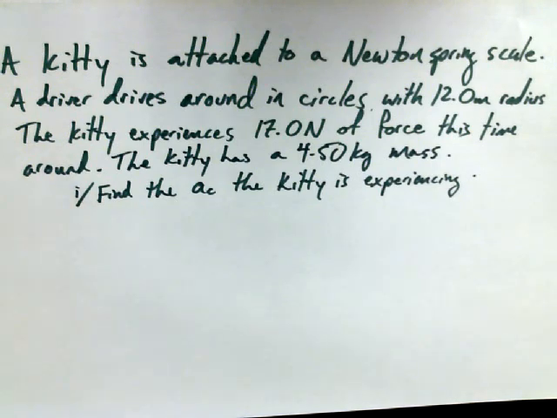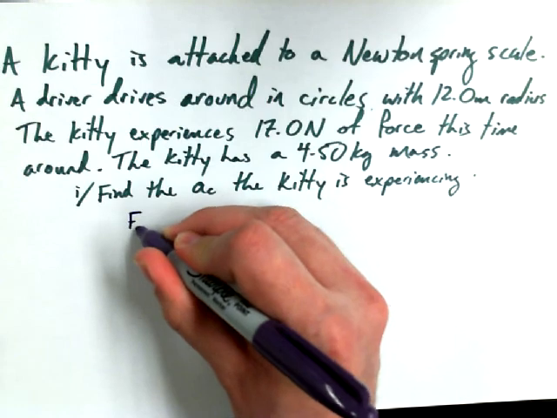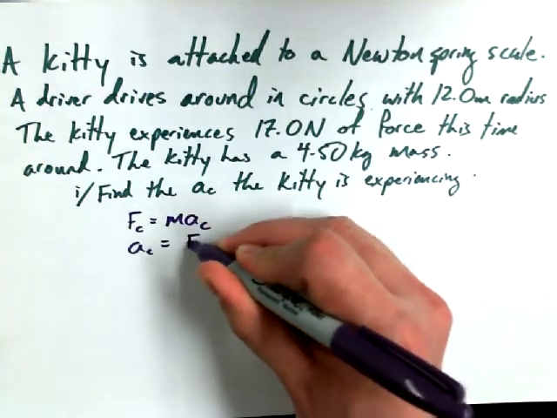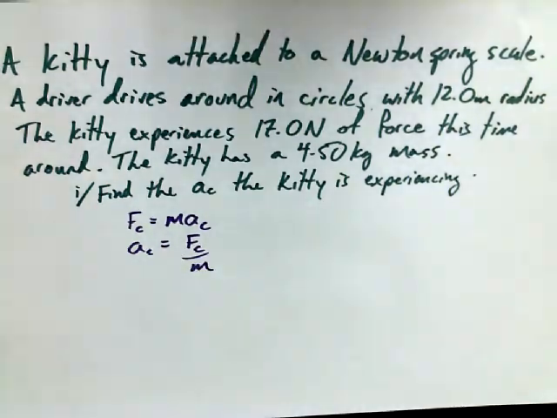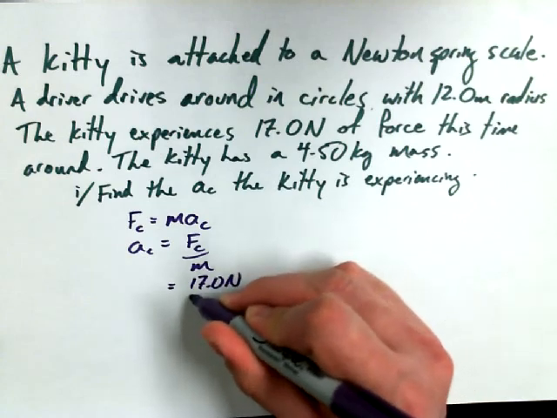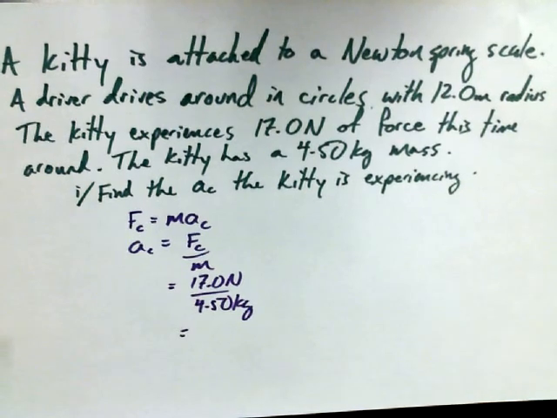I'm going to write out my solution here, and you write out your solution, and then between all of us, we'll know the answer. Isolating for AC, before you sub in your values, and would anybody believe it's 3.78 meters per second squared?